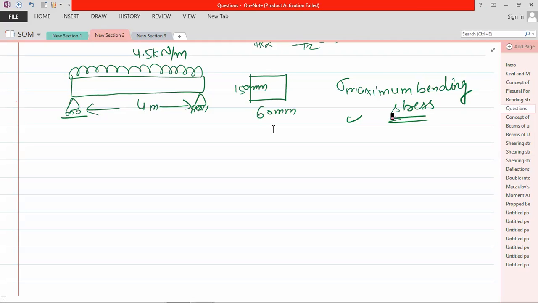No point is given. So you need to find where the maximum bending moment is acting, and then after that you have to find out where the maximum bending stress is acting. Just think about it. I'm giving you 1 minute.